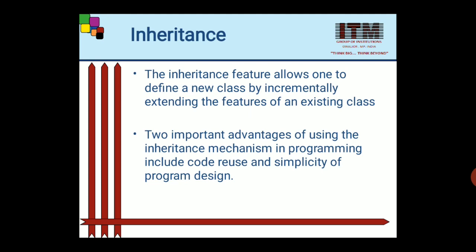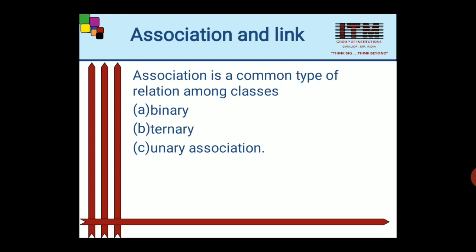There are many association links that exist. Basically, association is a common type of relation amongst classes. When two classes are associated, they can take each other's help to serve the user request.